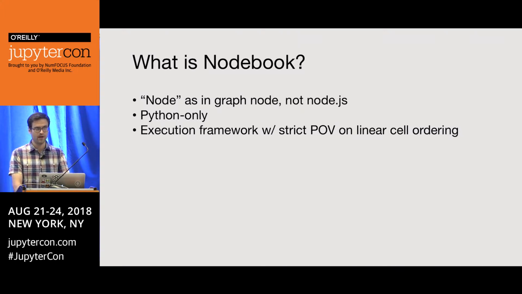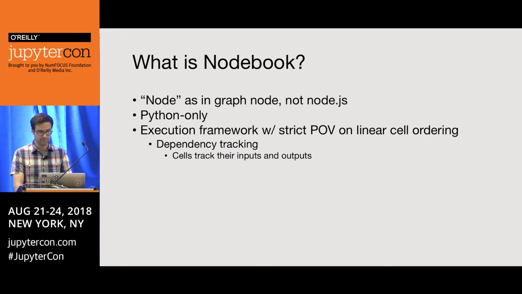I'll talk in detail about how this is implemented, but first, to give an overview of some of the properties you get out of this: you can get dependency tracking. In Nodebook, each cell tracks its inputs and its outputs, and so you can track the dependencies between cells.